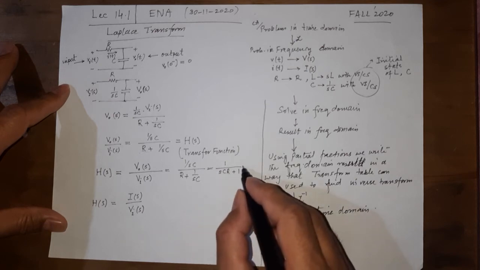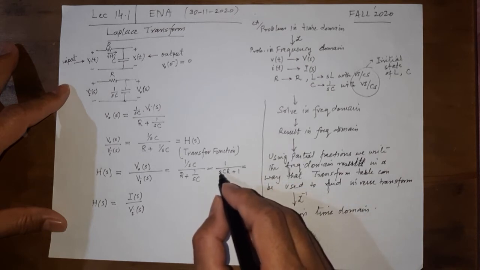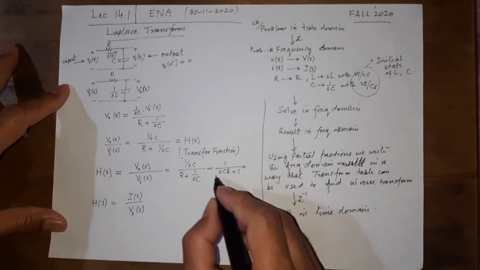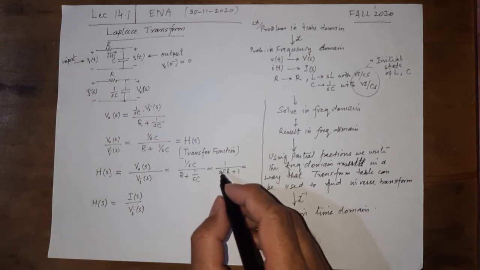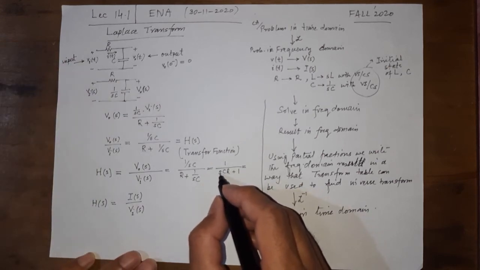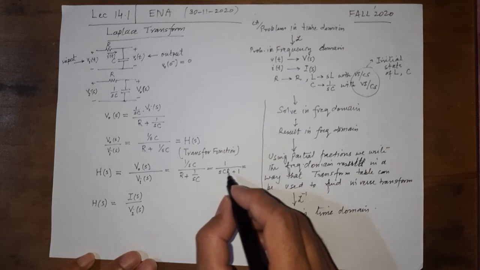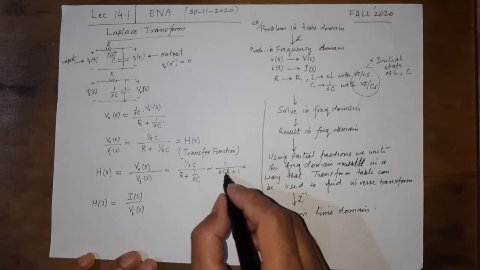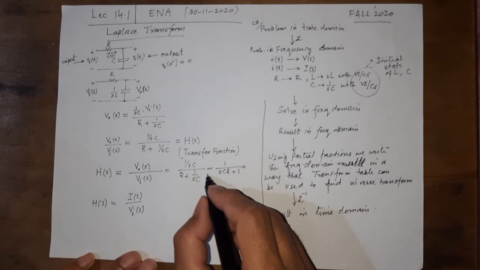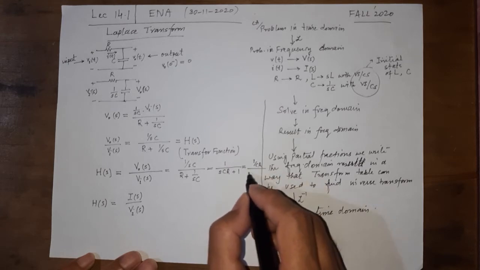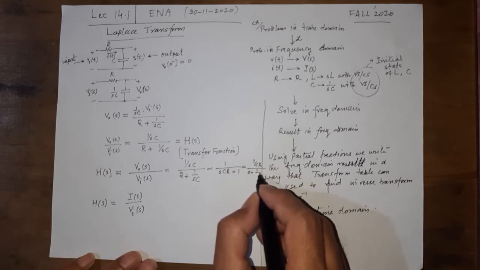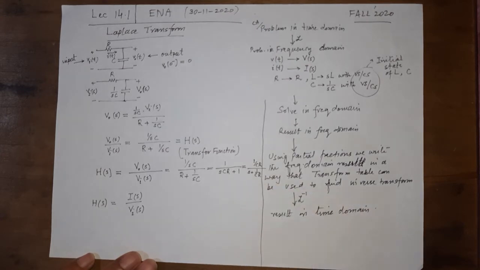So if we write it so that the S in the denominator, or in the numerator as well, has coefficient 1, then we take this CR common and we will be left with 1 over CR in the numerator over S plus 1 over CR in the denominator.